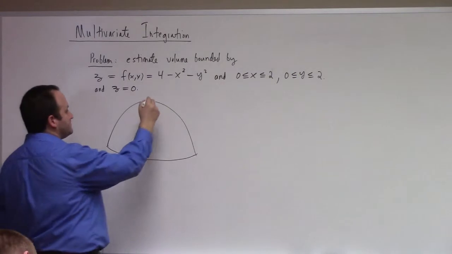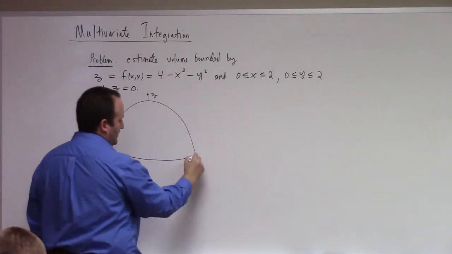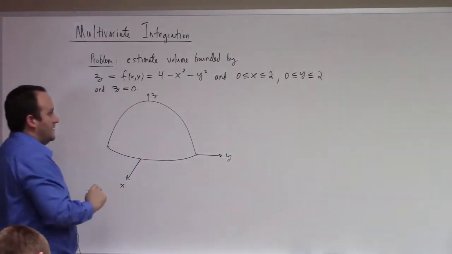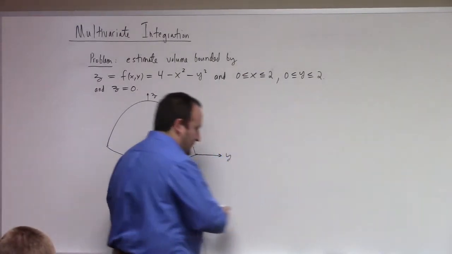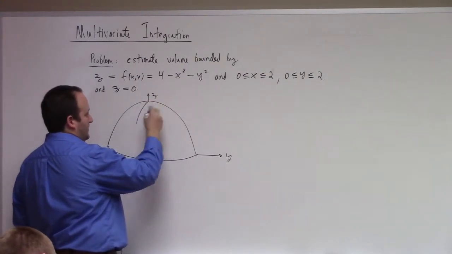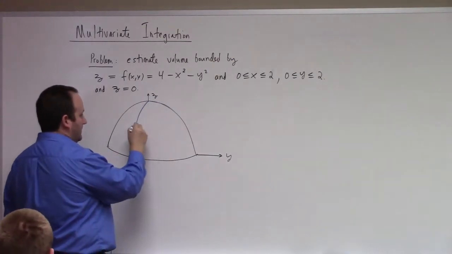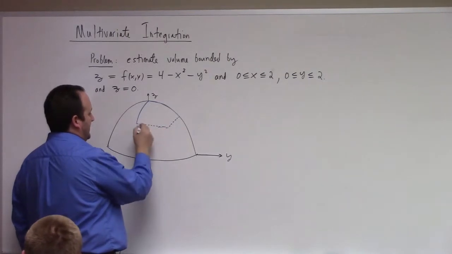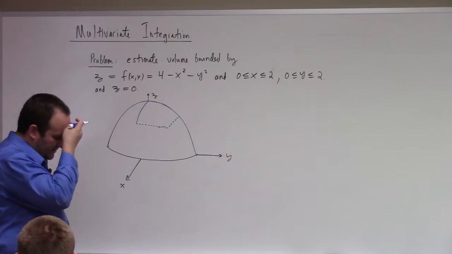Okay, so here's the z-axis, here's the y-axis, here's the x-axis, and basically we're just looking at a chunk of this graph, right? And then this is where I have trouble. Nah, that's not quite right. I don't have a clear picture of what that would look like in my mind.